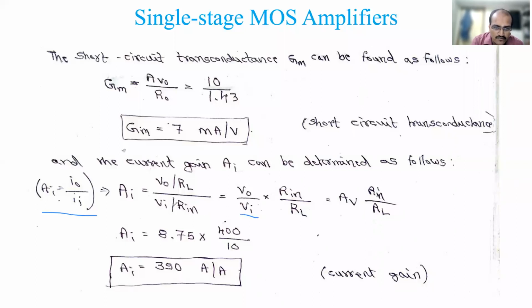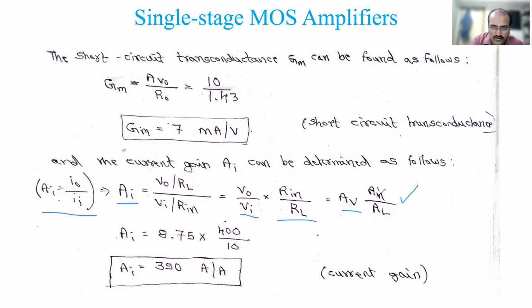And the RIN in the denominator will come in the numerator, and this RL will be below that. So this equals V naught by VI, the voltage gain, into RIN by RL. So you have come across a new formula. This is the relationship between current gain and voltage gain: current gain AI is equal to voltage gain into RIN by RL.